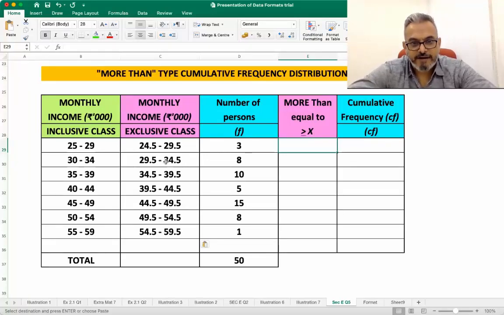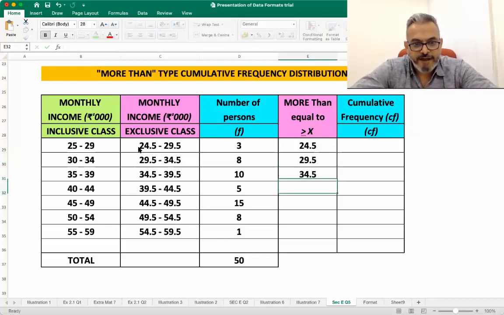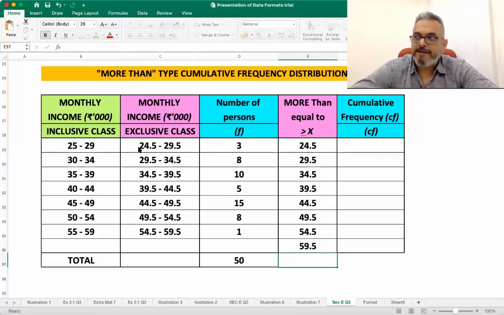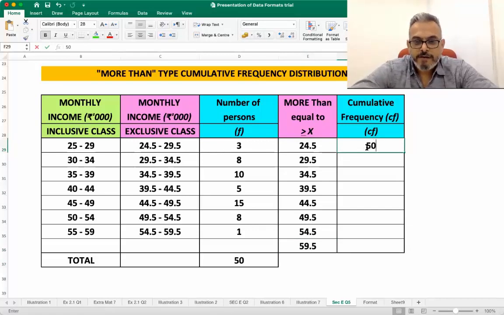So let's start again. Lower limit of the first class 24.5, 29.5, 34.5, 39.5, 44.5, 49.5, 54.5, and don't forget 59.5. Cumulative frequency, more than or equal to 24.5.